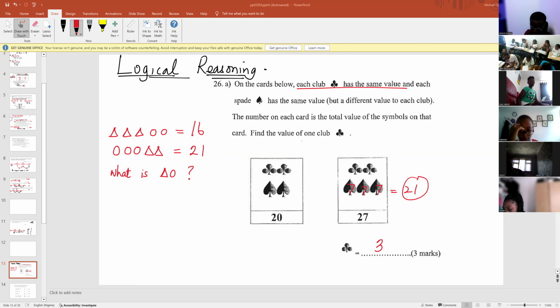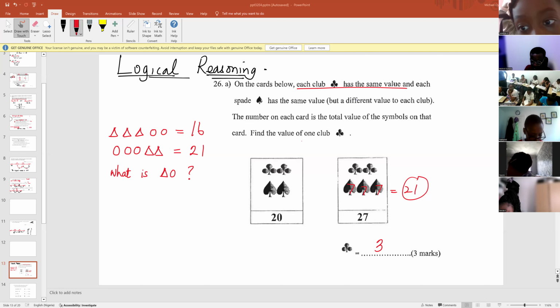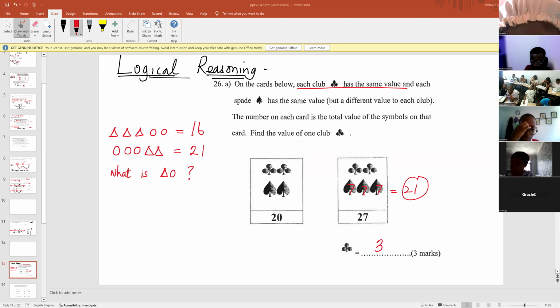To get it, you have to find what circle it is, and you have to find what triangle it is. Okay, I can get it.